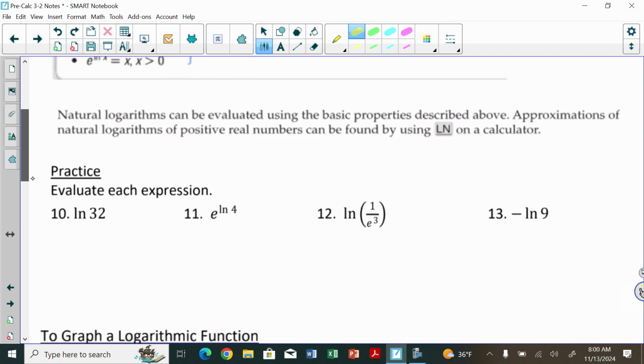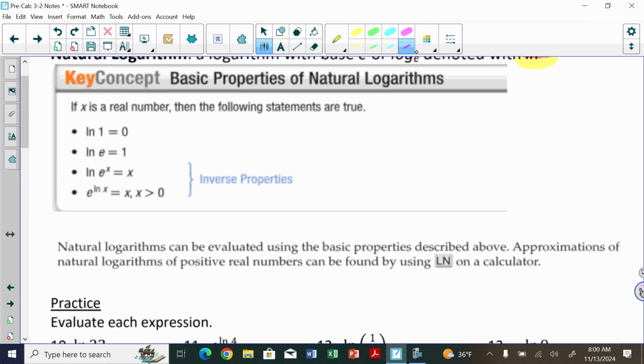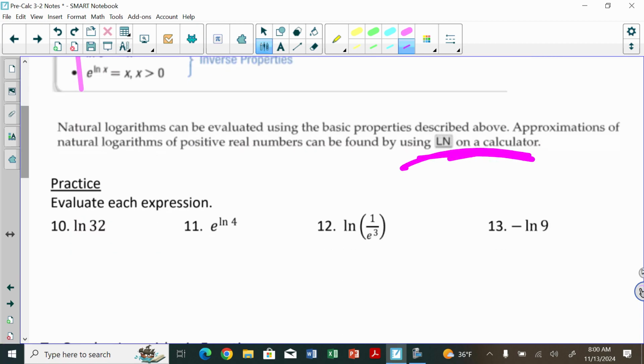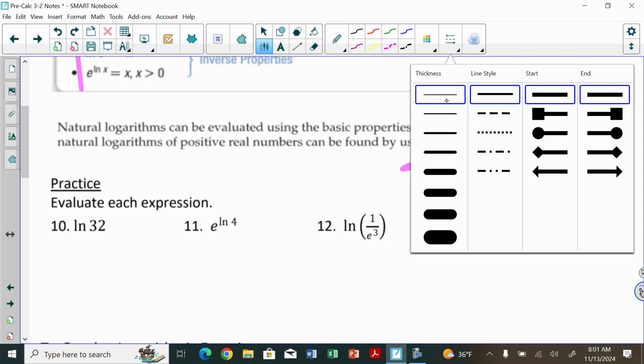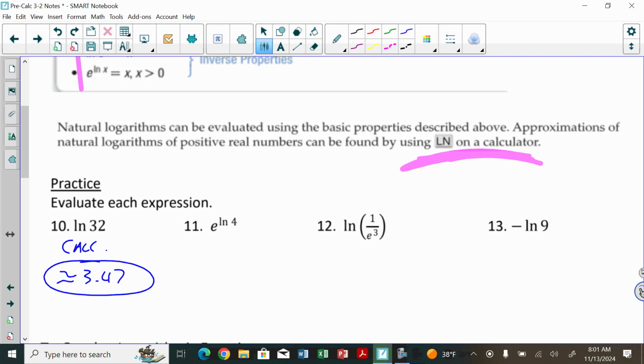All right, so let's evaluate these. We can use these properties up here if we need to, if that helps, but we can also use the ln button on our calculator for natural logs. For the first one, there's not really anything we can do, so just use the calculator to punch in the natural log of 32, and you get about 3.47.